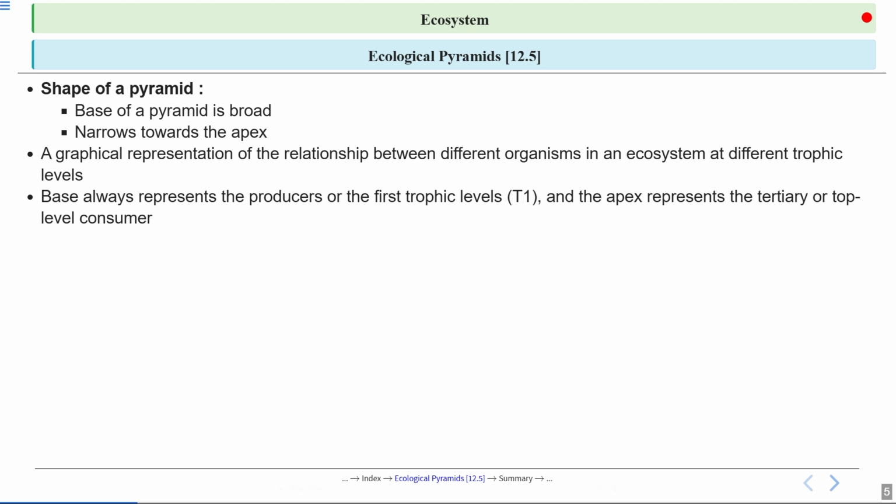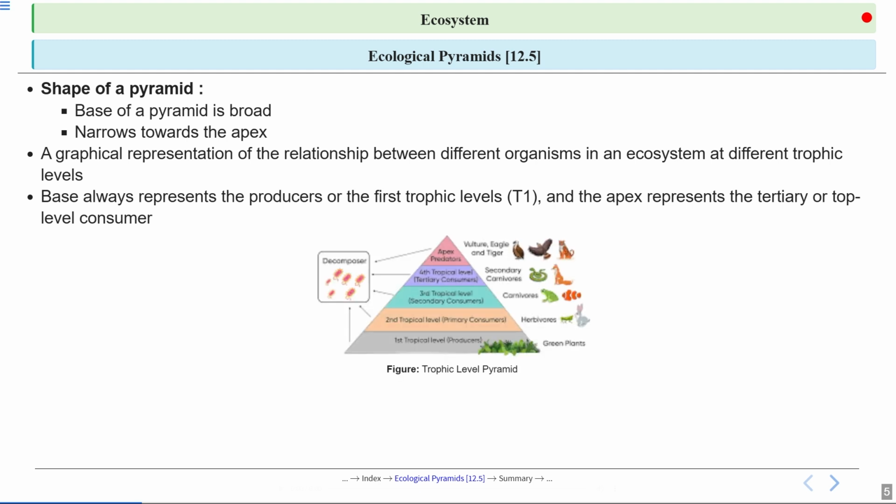Then come the frogs, which are the secondary consumers, occupying the third trophic level, and these frogs eat the grasshoppers. Finally, at the top is the small number of snakes, which are the tertiary consumers that eat the frogs. The small number of snakes at the apex is a perfect example of why the pyramid narrows at the top.